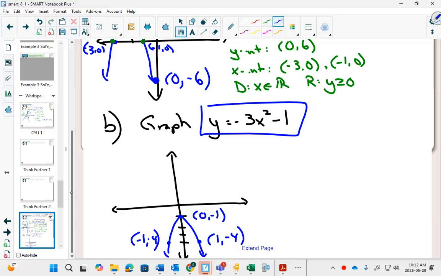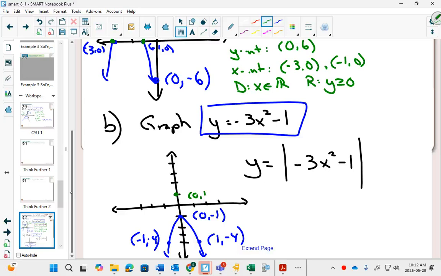So then when I want to graph y equals the absolute value of negative 3x squared minus 1, my vertex that was at 0, negative 1 is now going to be at 0, positive 1.